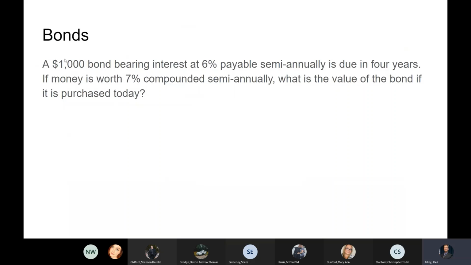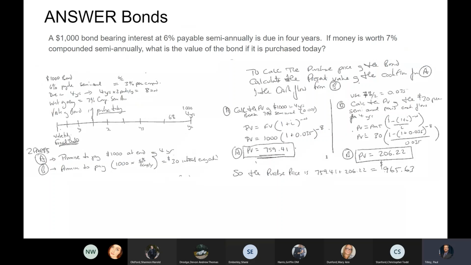So effectively, this bond pays $30 every 6 months for 4 years. We can do the math on this. It's 3% per compound, 4 years, so N is a value of 8, 4 times 2.